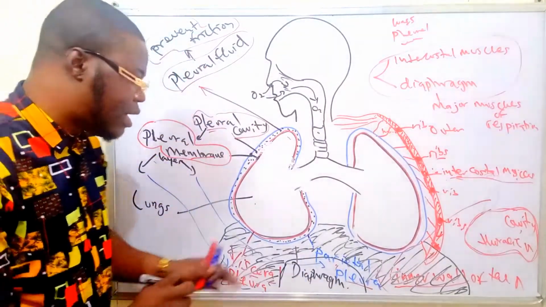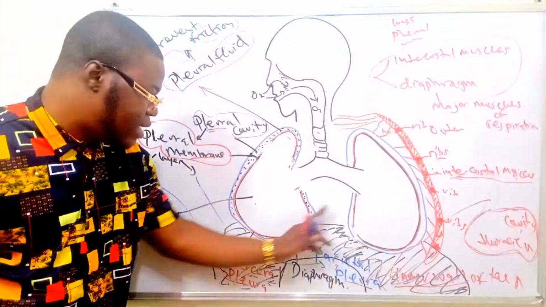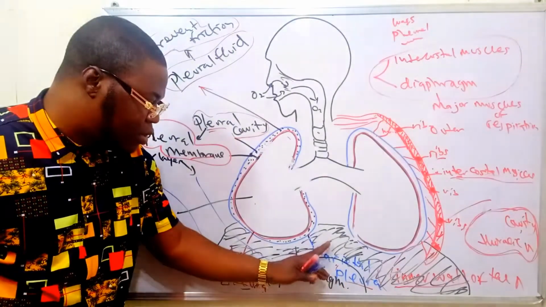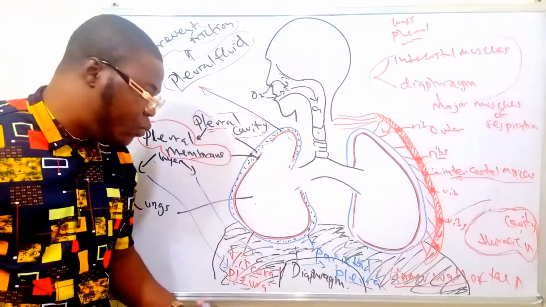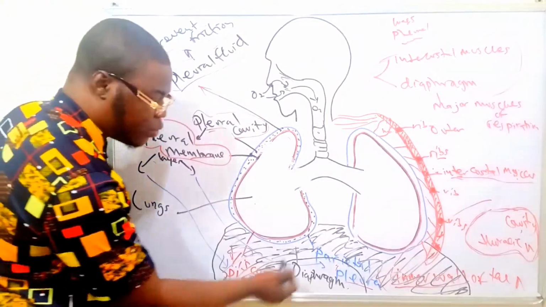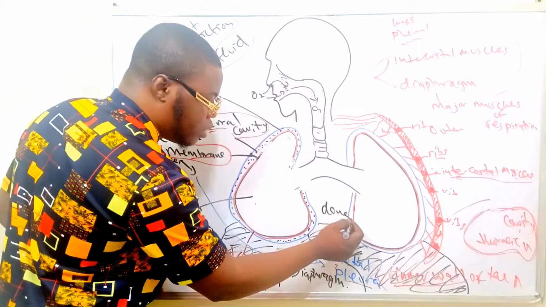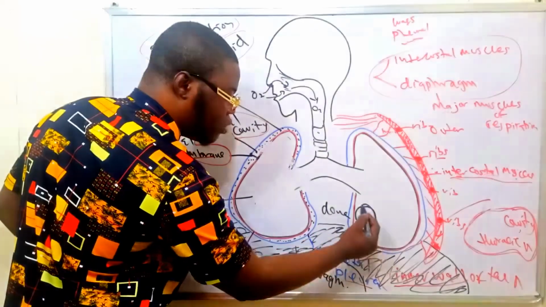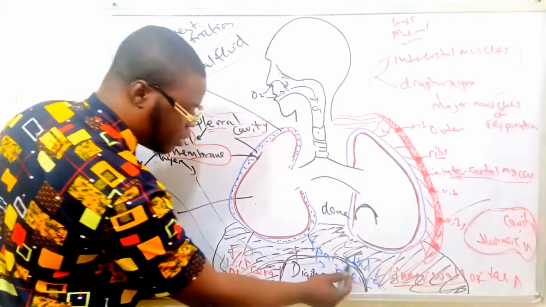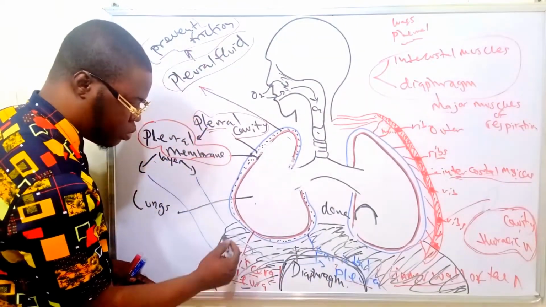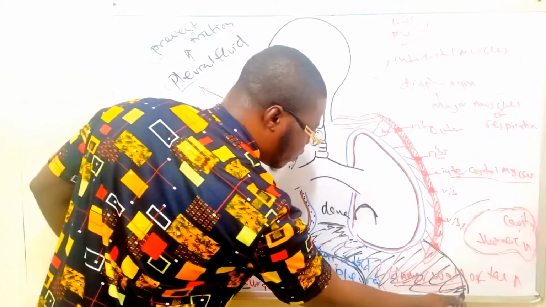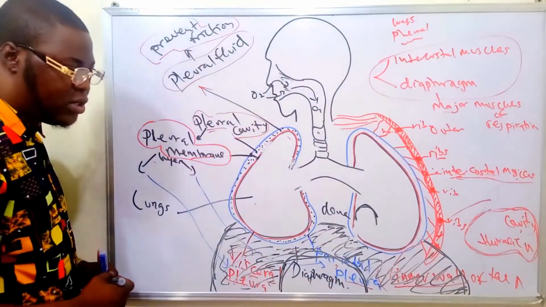You will realize from this diagram that the two lungs are sitting on it. So the diaphragm is a muscle of respiration on which the lungs are sitting. And if you notice, the shape is dome shape. Dome means like this, something of this nature, and that is the shape of your diaphragm. If you take a careful look at it, can you see? That is the shape of the diaphragm.